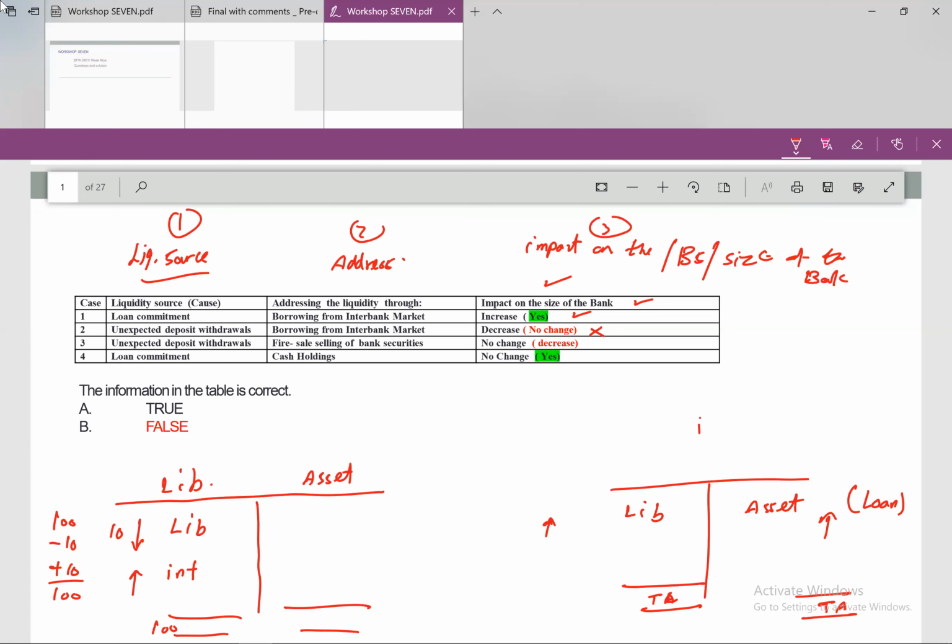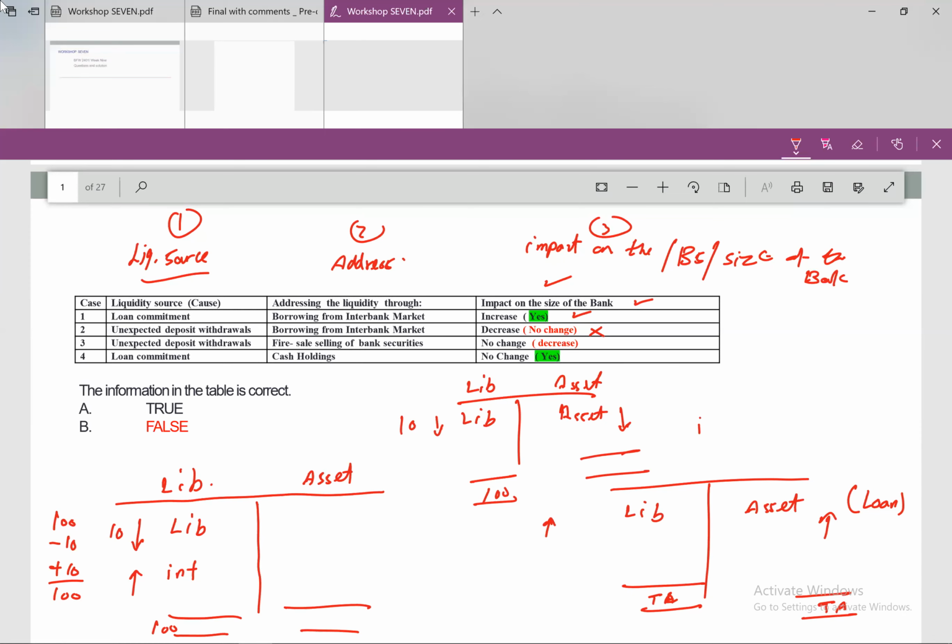So actually you can look at this and say, okay, this is the situation, and we have liabilities, and the liabilities dropped. For example, if this was 100, dropped by 10, and then the assets, here the securities maybe, also dropped because they need to pay for those guys.